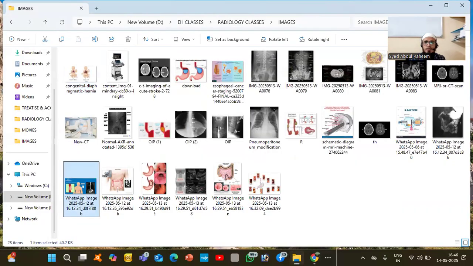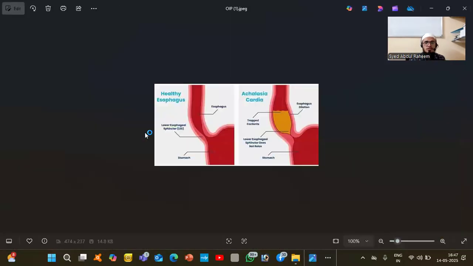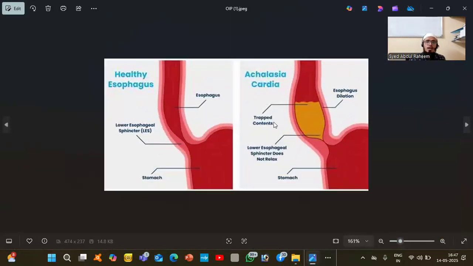So we discussed GERD, esophageal cancer, and diverticulation of the esophagus. Here is another condition called achalasia cardia.